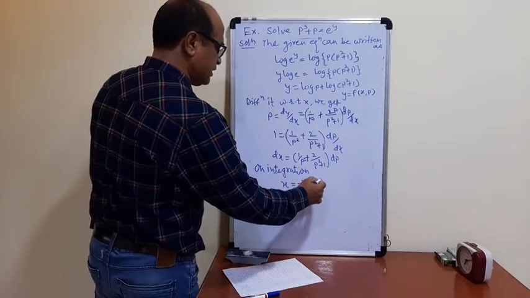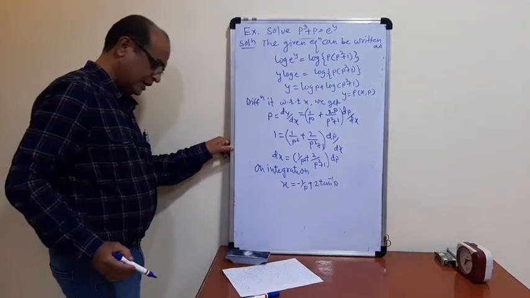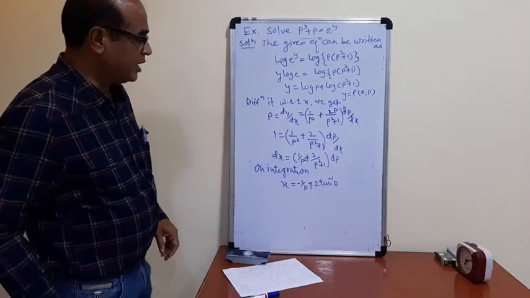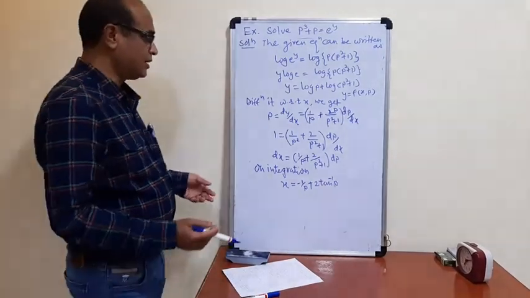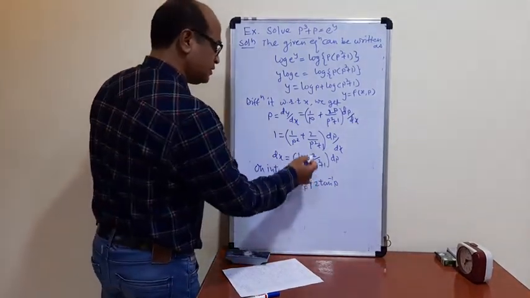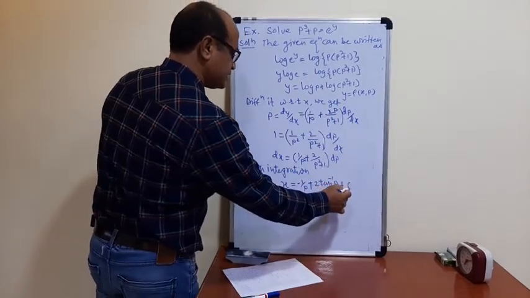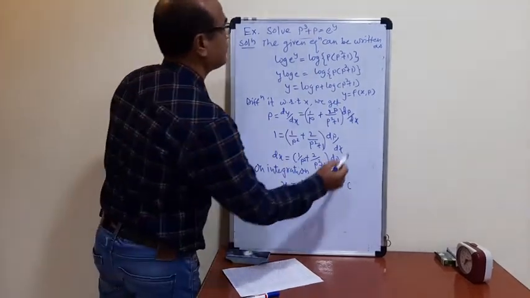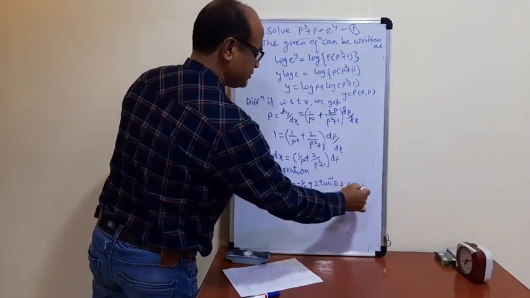This is 2 tan inverse p, because what is the derivative of tan inverse x? 1 upon 1 plus x square. So the integration is 2 tan inverse p. Plus an integrating constant. So this is equation number 1 and this is equation number 2.